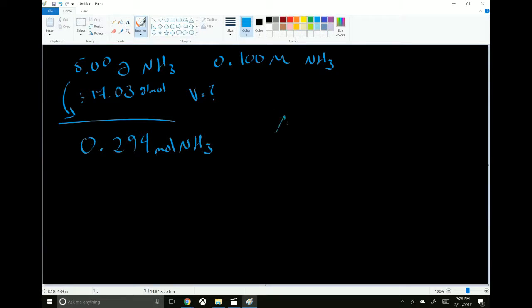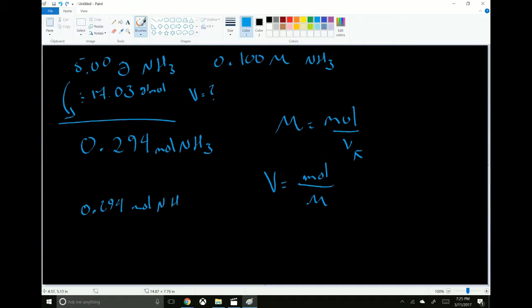Now we have molarity equals moles over volume. Solve for volume. Volume equals moles over molarity. So 0.294 moles of ammonia divided by 0.100 molar ammonia.